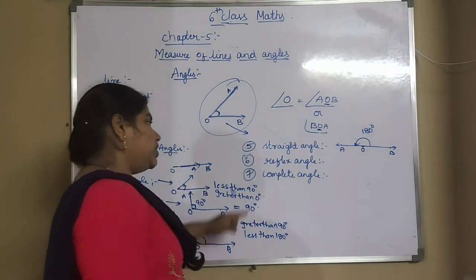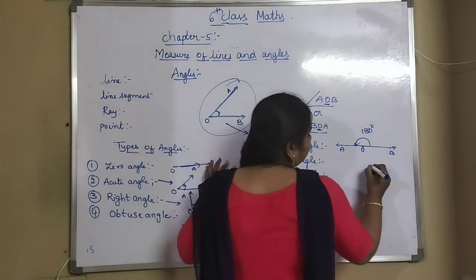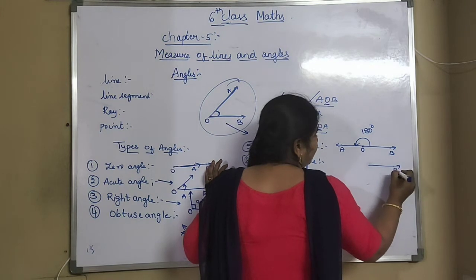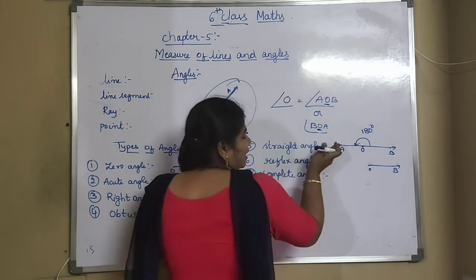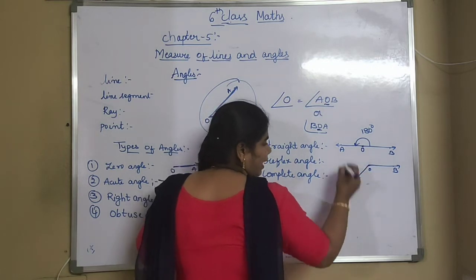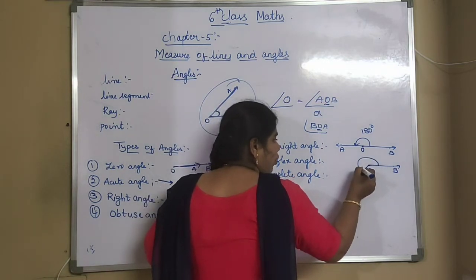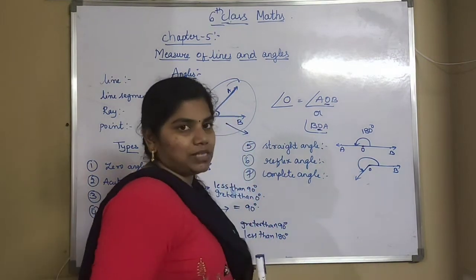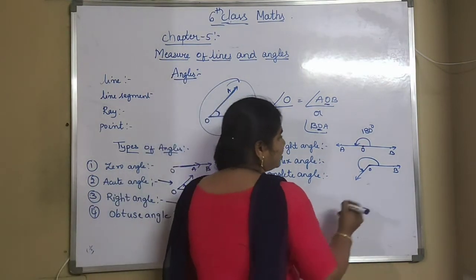Okay. So next is reflex. Reflex is nothing but the B ray is as it is. Now this A ray has gone down like this. It came down like this. Now this is called a reflex angle. What are the reflex angles here?